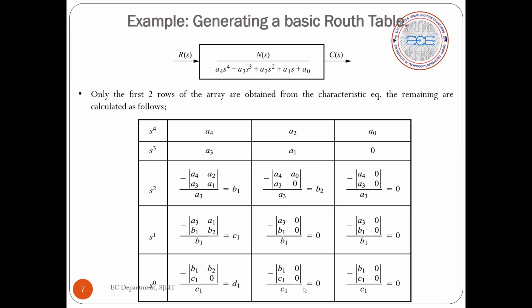Similarly the d2 and d3 terms lead to 0, because one column of the determinant is 0, so the determinant value is 0. This is how we fill up the Routh-Hurwitz table. The number of rows depends on the order of the characteristic equation: the higher the order, the more rows.